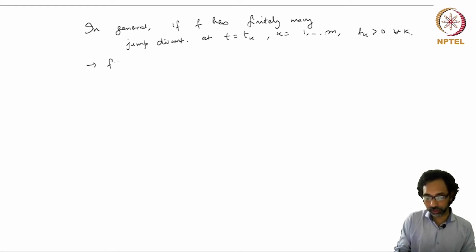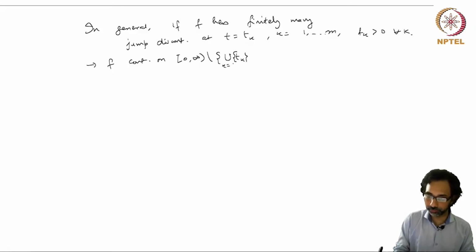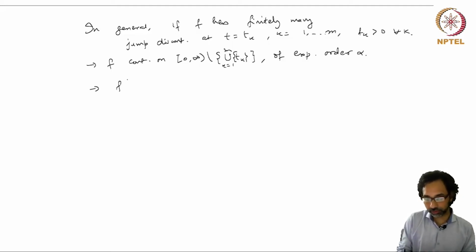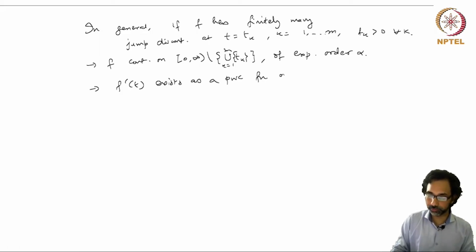So f is continuous on 0 to infinity minus the union of the points tk, k equal to 1 to m, and of exponential order alpha, and f prime t exists as a piecewise continuous function on the whole interval 0 to infinity.